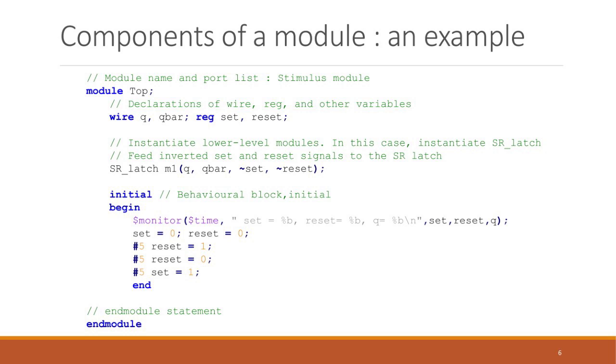How to write the formatting string is very similar to what you saw with the display system task. So basically what the monitor task does is that it monitors the changes in signals and prints a new line when it sees a change in one of the signals given as inputs to it.